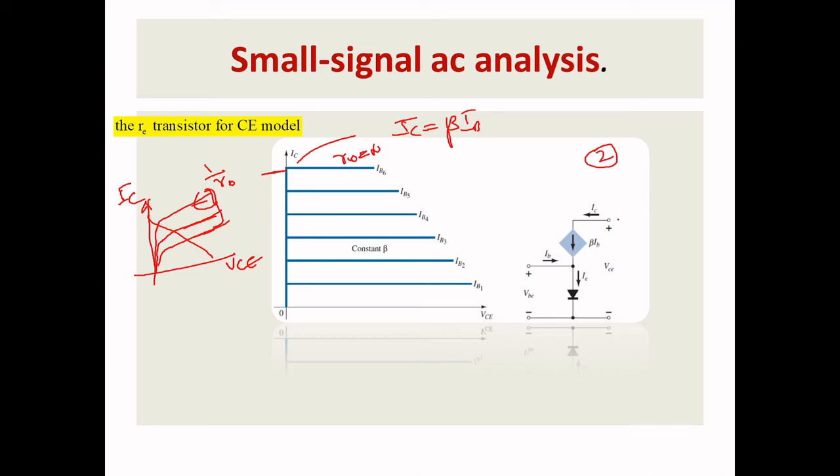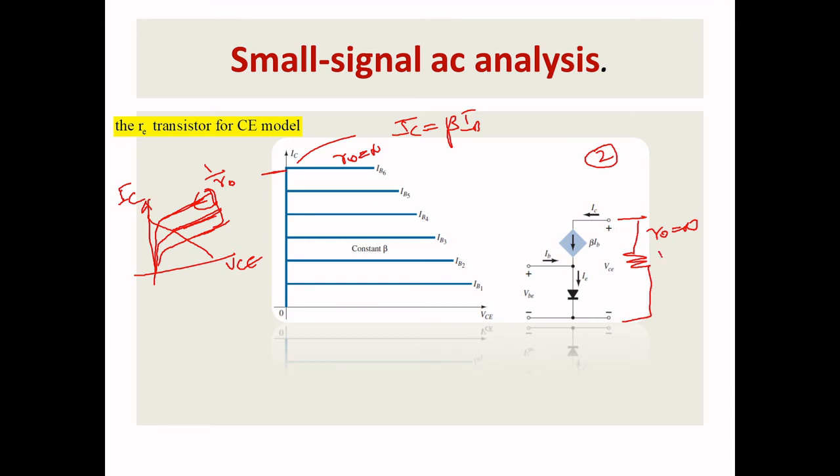The next step: we usually have R naught, but here they have taken R naught as infinite. Practically, in a common emitter configuration we'll have some resistance, because there is a change of collector current with respect to VCE after the early voltage, so some resistance will be offered.